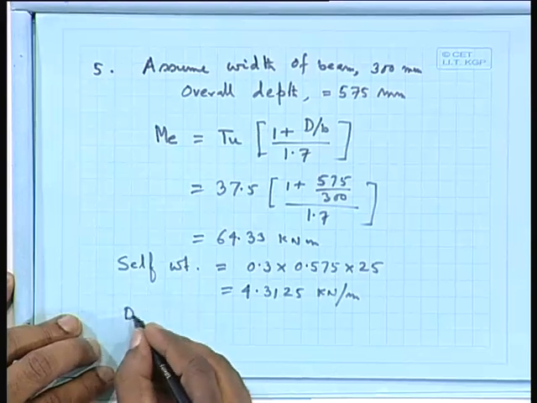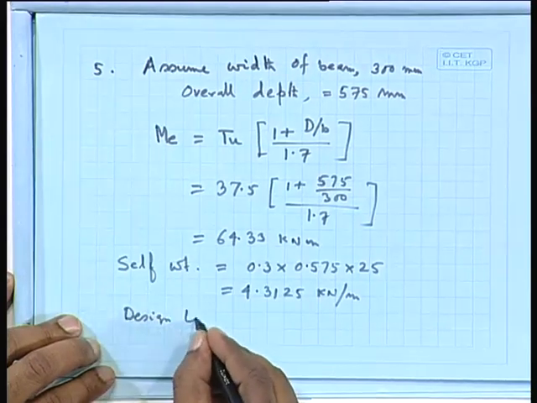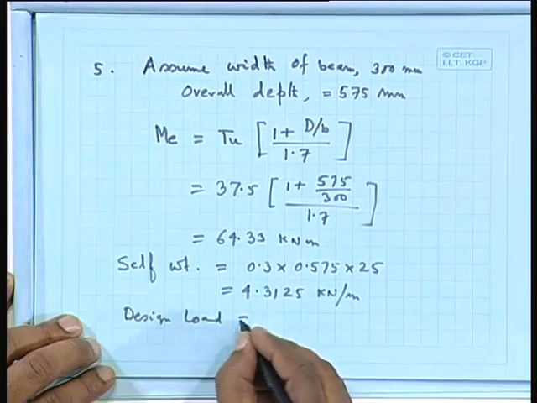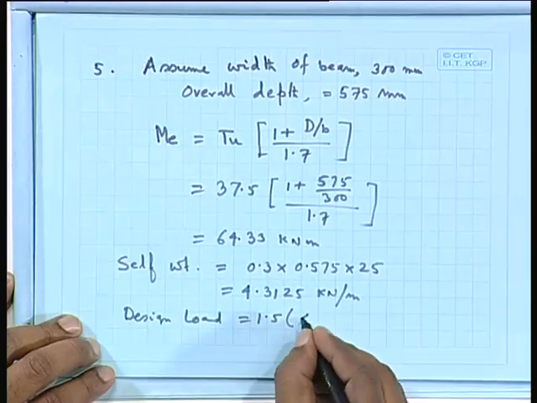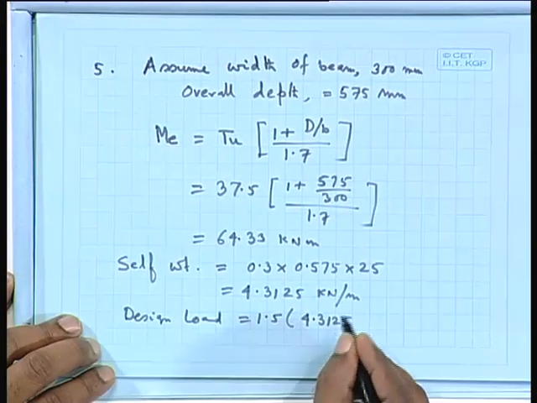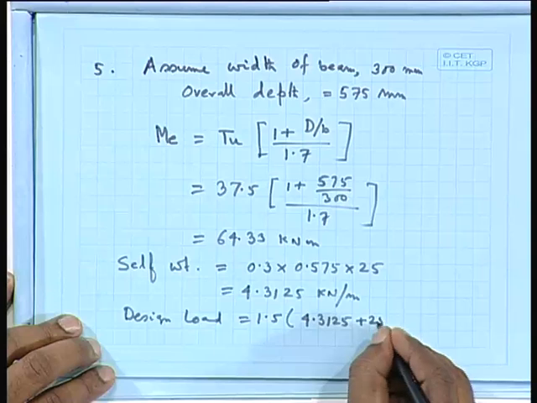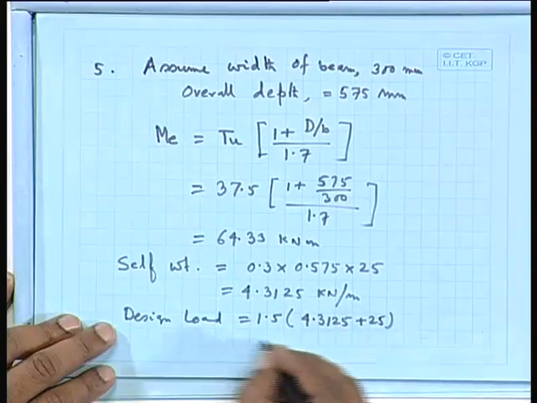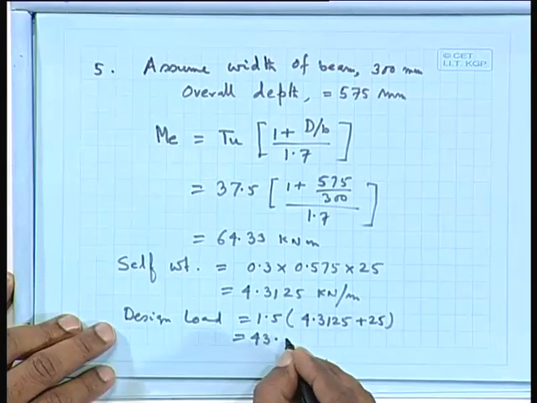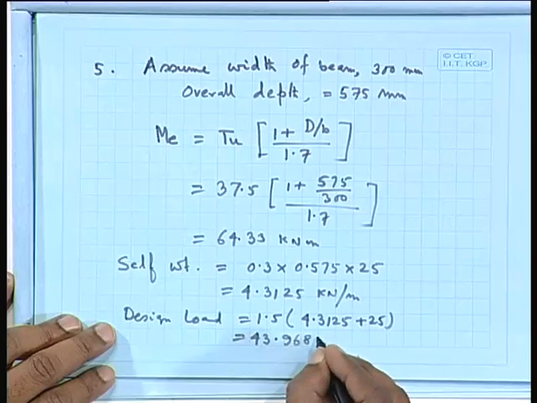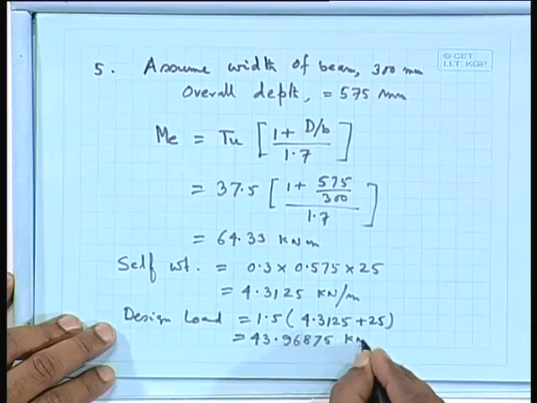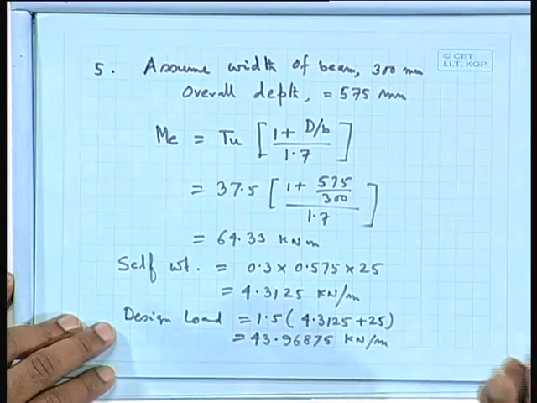Design load equal to 1.5 times 4.3125 plus 25 equals 43.96875 kilonewton per meter.